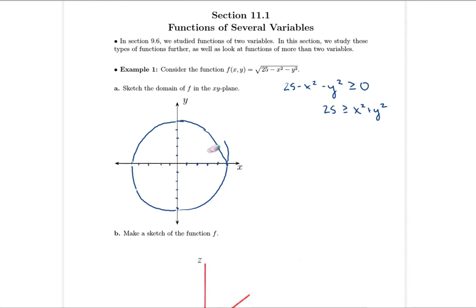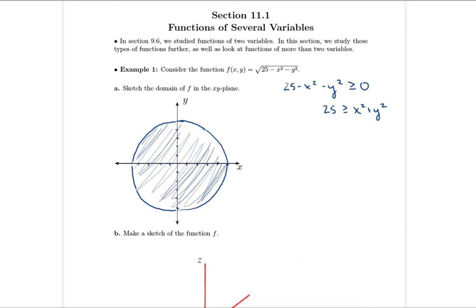And let's see, looks like we need a little work over here. This looks pretty bad. Okay, good enough, I guess. And so, of course, we're going to then shade everything inside of it, right?